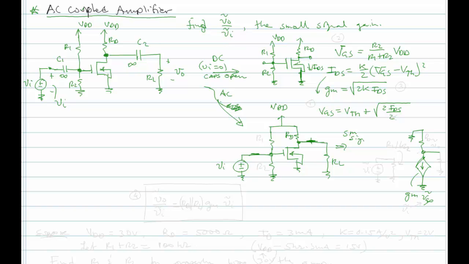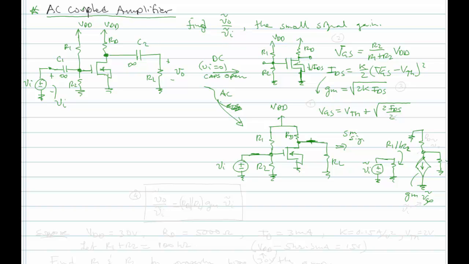And then we have connected here a resistor, RL. And back on the input side, we just have little VI. And of course, it's going to two resistors. This would be R1 in parallel with R2, because VDD is turned to 0, so R1 here is effectively grounded.